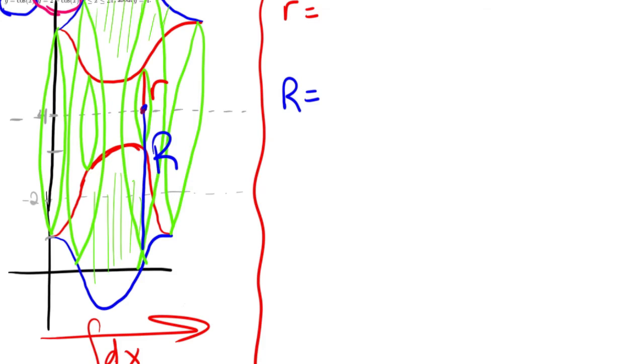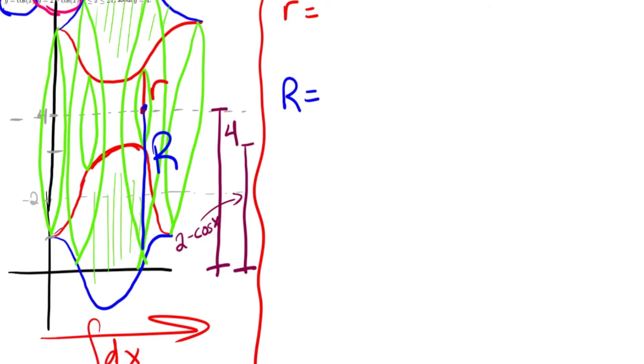Okay, so little r, let's talk about that one for a little bit. So little r is formed by this function, the red function, 2 minus cosine x. And so the radius from here, we can look at it from the picture. Notice that from here to here is a distance of 4, because that's the line y equals 4. And then that distance from here to here is changing, as 2 minus cosine of x.